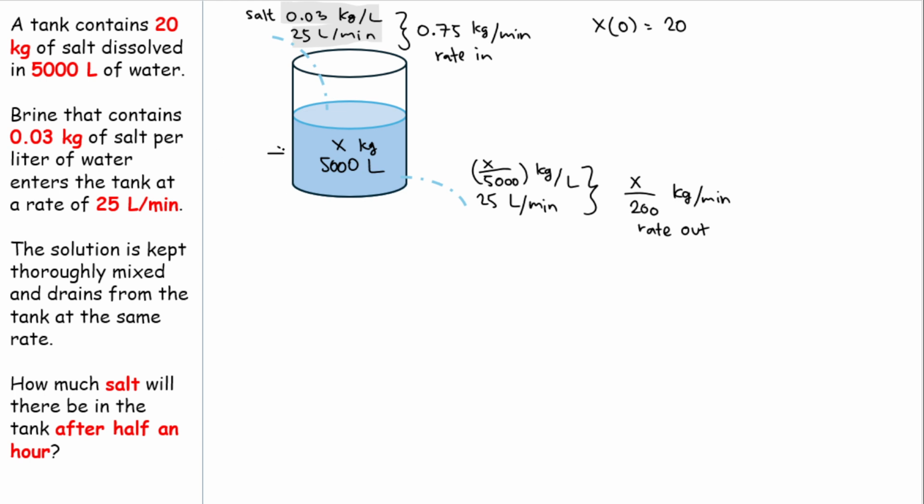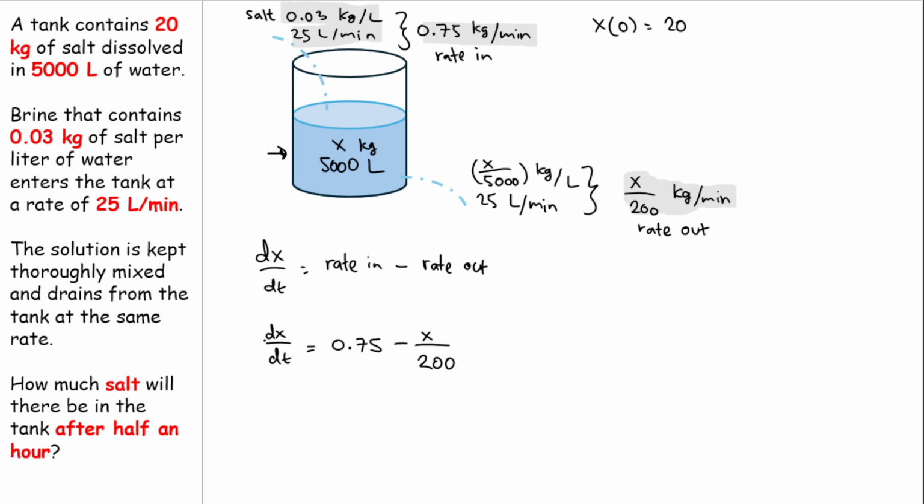And how about the rate of the salt inside the tank? That will be our dx/dt, which is the rate in minus the rate out. The rate in is 0.75, so dx/dt is equal to 0.75 minus x over 200 kilogram per minute.